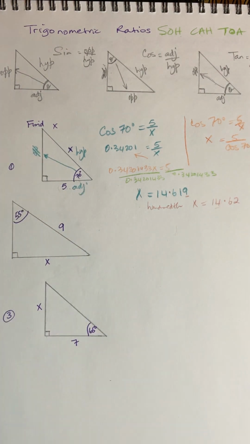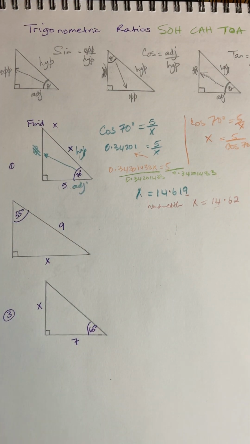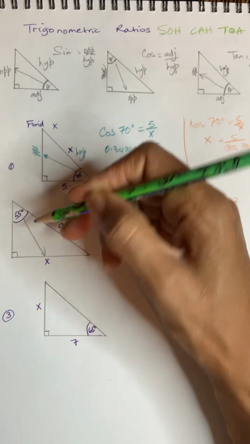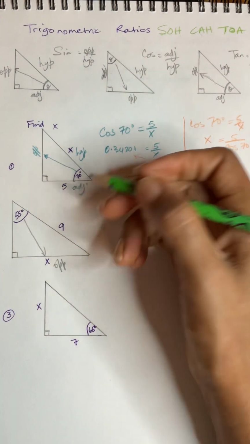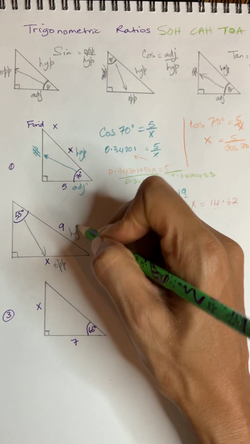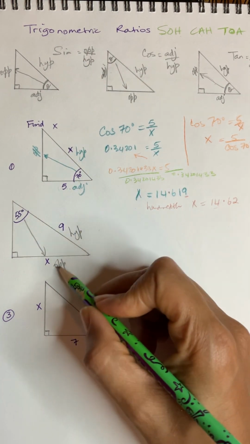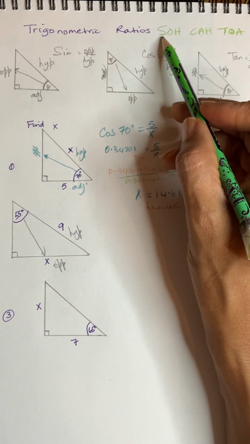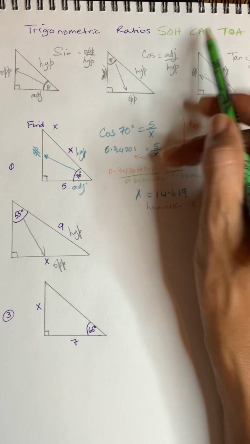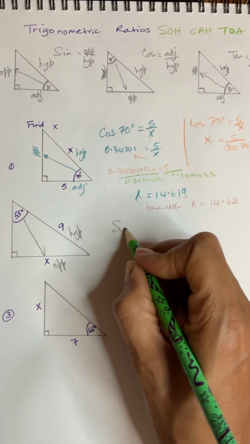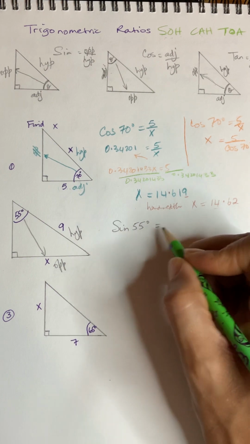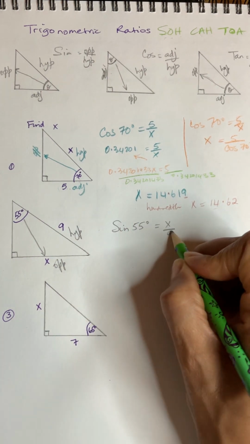All right, now let's move on to the second one. The second one here is that this is opposite. You have to identify, and this is the hypotenuse. Okay, so opposite over hypotenuse, that's associated with the trig ratio of sine, from SOHCAHTOA. So you're going to write sine, and the angle measure there is 55 degrees, is going to be equal to opposite, which is x over 9.